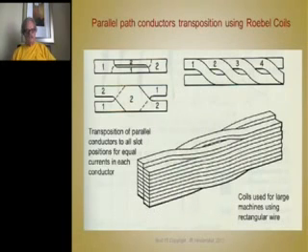We're not showing the end winding to connect this to the other sides, but these are all parallel strands for the same turn, and you want the current to flow equally in all of these. So to get it to do that, because of the proximity effect and the difference in inductance from the bottom of the slot to the top of the slot, you transpose each one of these conductors back and forth, so every one of these occupies every position in the slot.